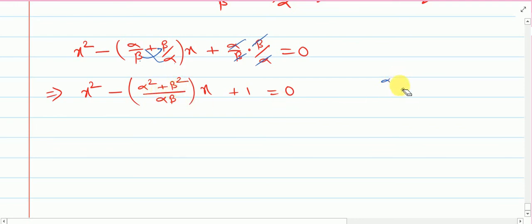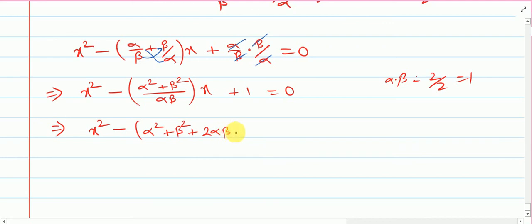So here, in the next step, in place of alpha into beta I can write 1, because alpha into beta we have got 2 by 2 equal to 1. So that means we don't have anything in the numerator. We have only alpha square plus beta square. Now what I can do is add 2 times alpha beta, and at the same time subtract 2 times alpha beta.